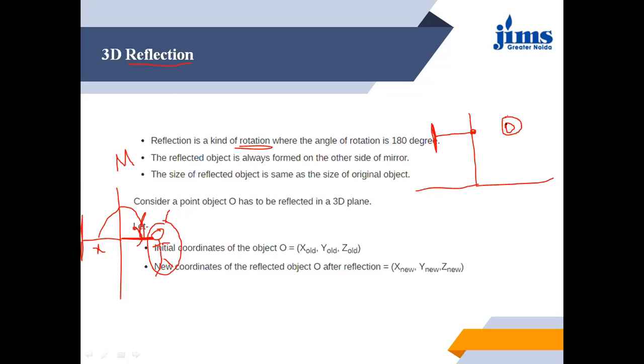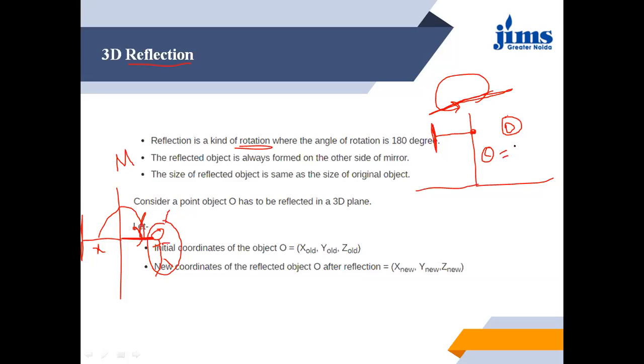When we are seeing this with respect to axis y, it also happens in the case of rotation, but when the rotation is 180 degrees. So this is a special case of rotation in which theta equals 180 degrees.